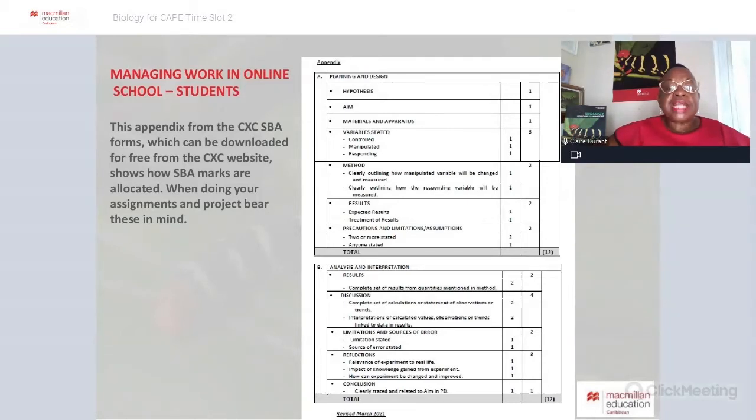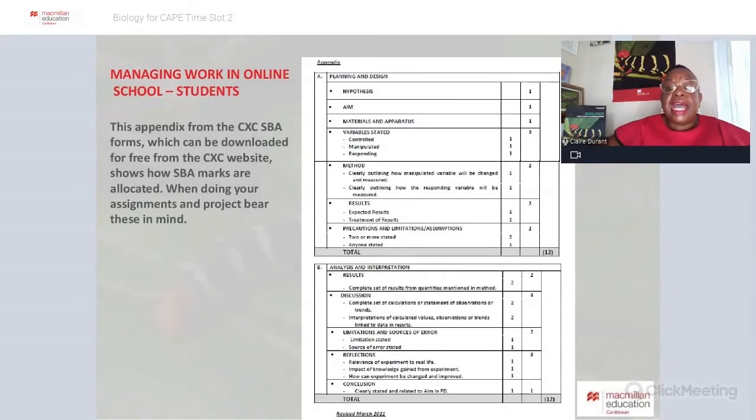For your expected results and what you have done, and then what precautions, limitations, and assumptions you included, and how you have stated them. And you see there at the end how the total of 12 marks was arrived at.